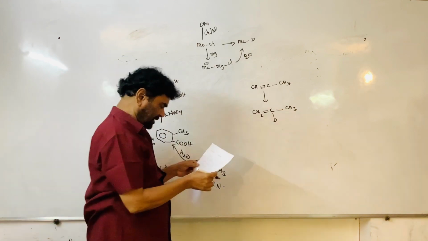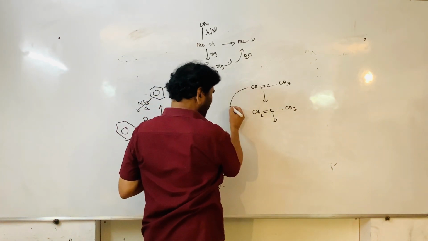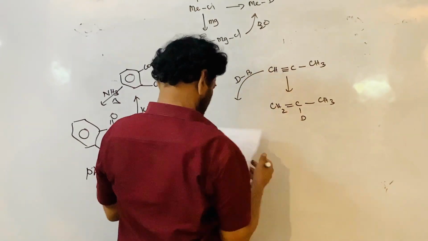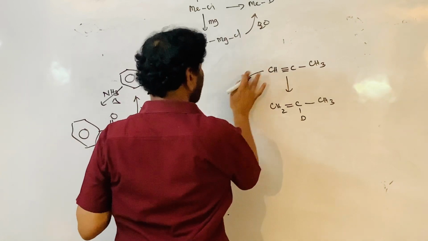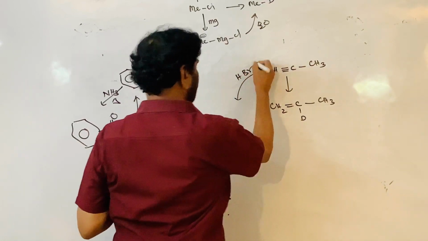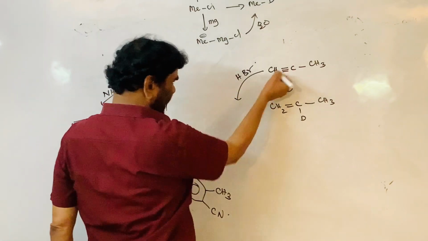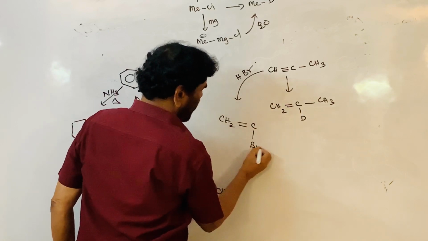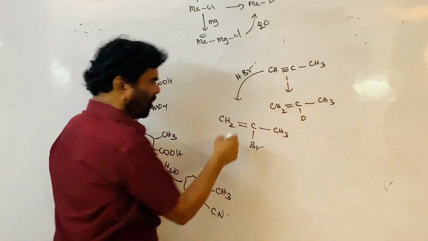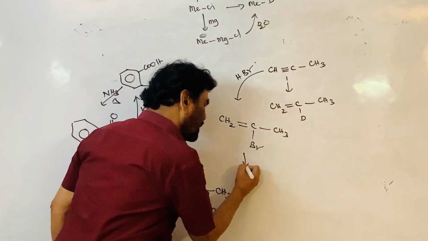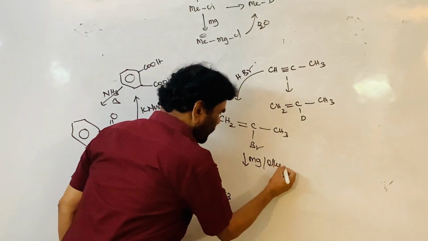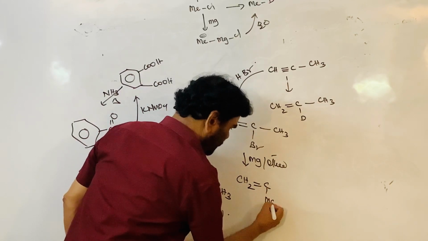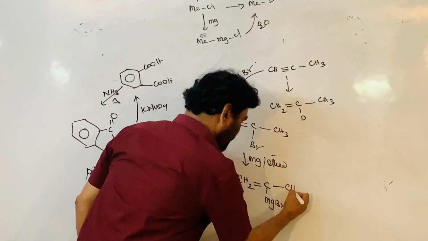Now you treat with HBr. Addition takes place according to Markovnikov's rule: CH2 double bond CBr, Markovnikov addition, one mole. Now treat this with magnesium in ether: CH2 double bond C MgBr, the corresponding Grignard reagent.